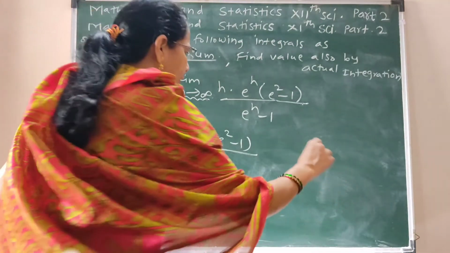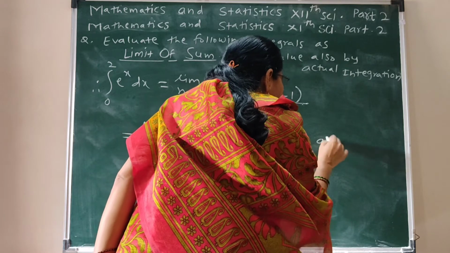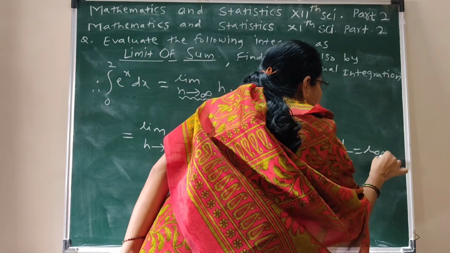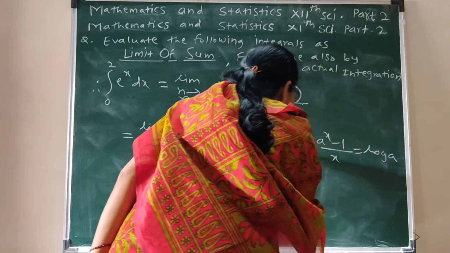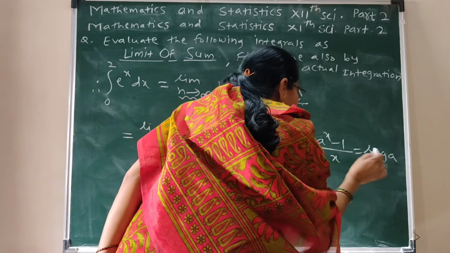You know the formula: limit as x tends to 0 of (a^x - 1) / x is log a.